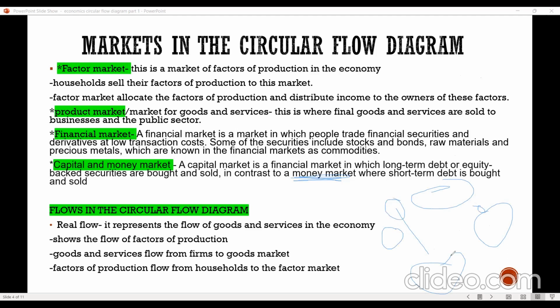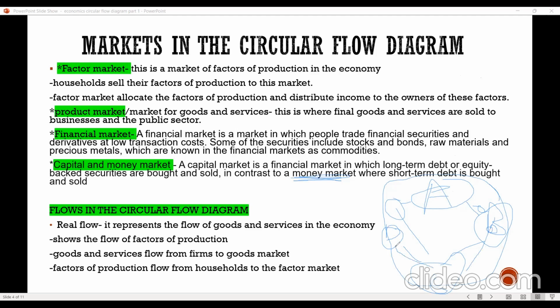This is just a simple show of how a flow takes place between point A and point B, and between point C and point D.